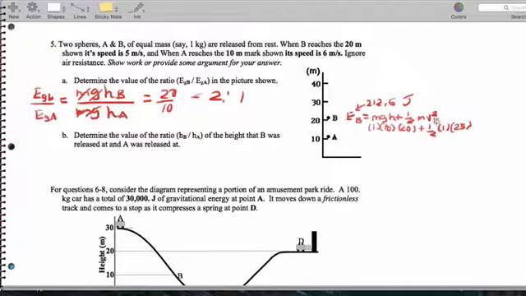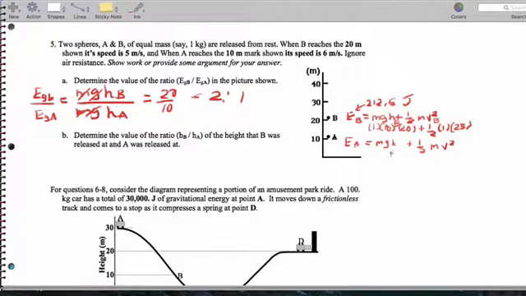And I need to do a similar calculation for A. So the energy of A is the same thing: MGH plus 1/2 MV squared.